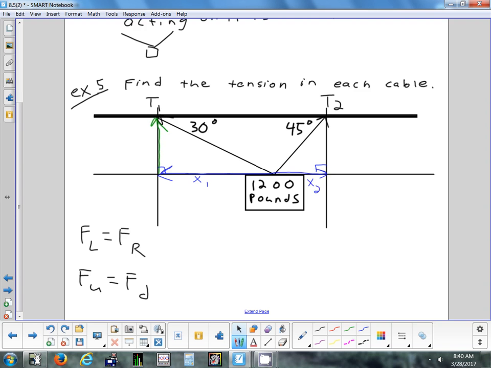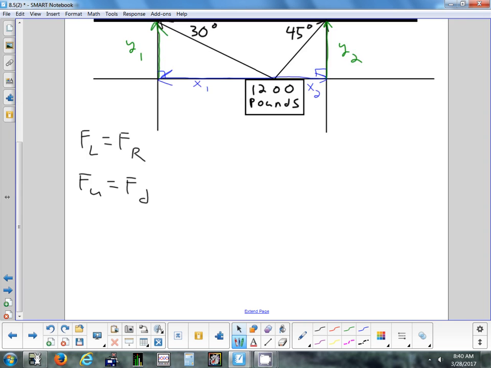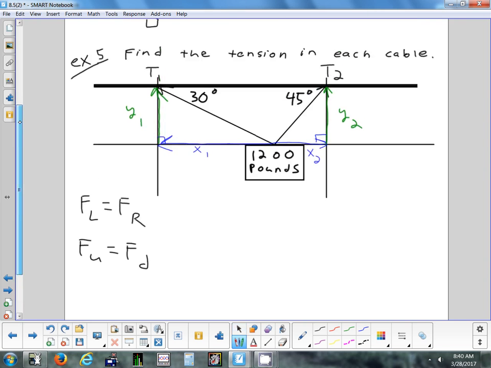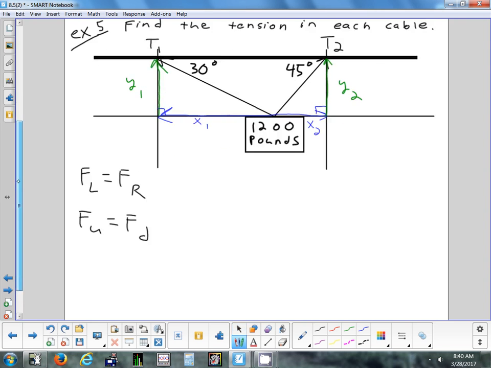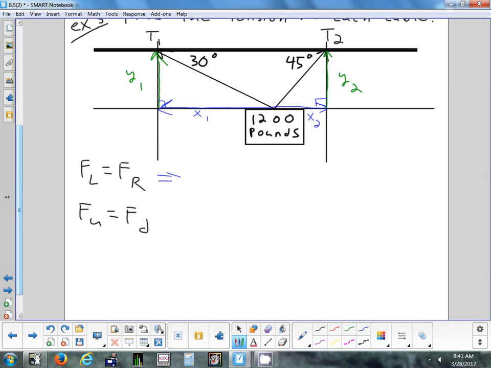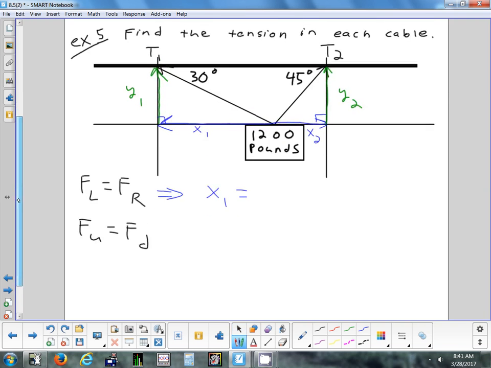And what about that one? That's y1. And this one? y2. So now I can change these equations a little bit. I still don't have too many numbers to fill in, but what is the force left in that diagram? So this is going to turn into x1 equals x2.